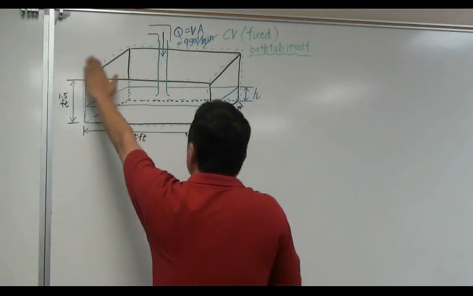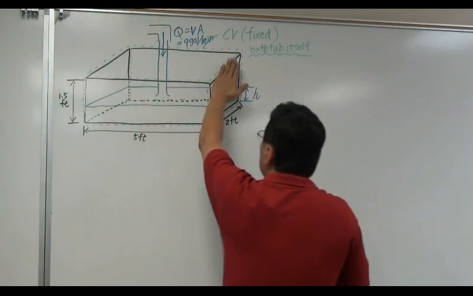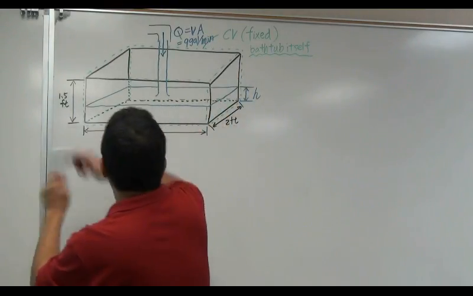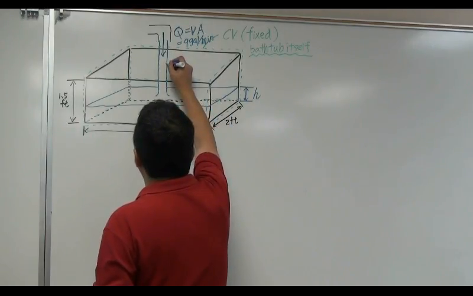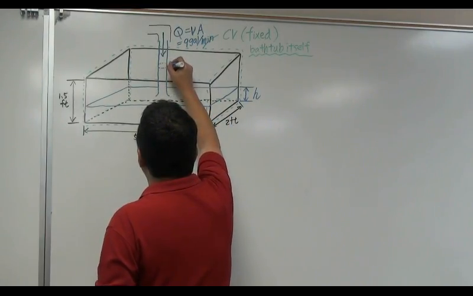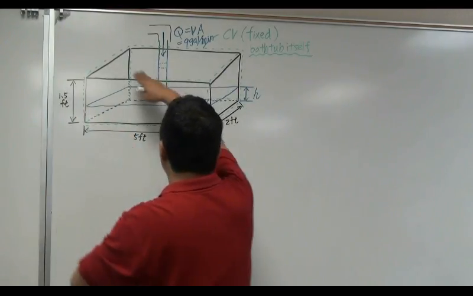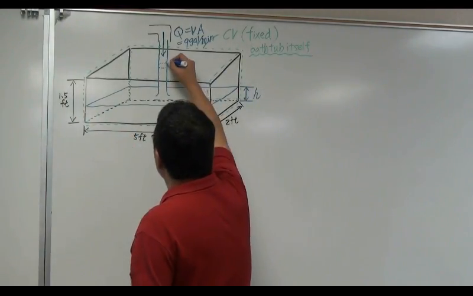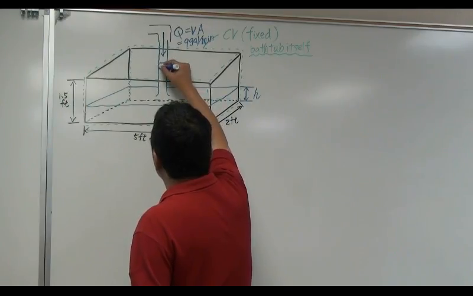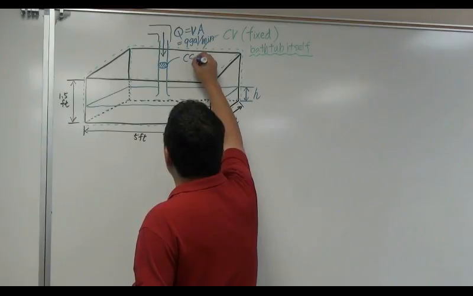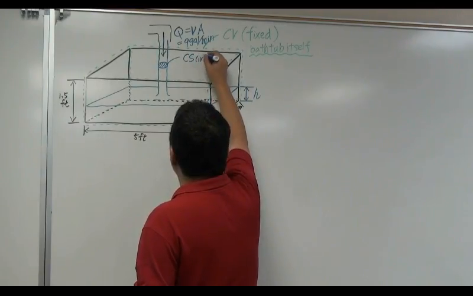This top surface is going to cut through this incoming stream. So maybe around here. So this is where the top surface goes across this incoming stream. This is your control surface. This is inflow.